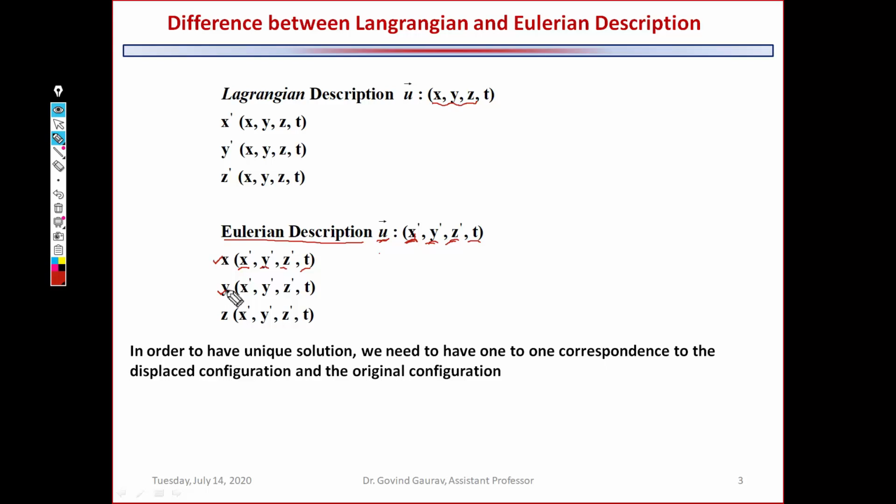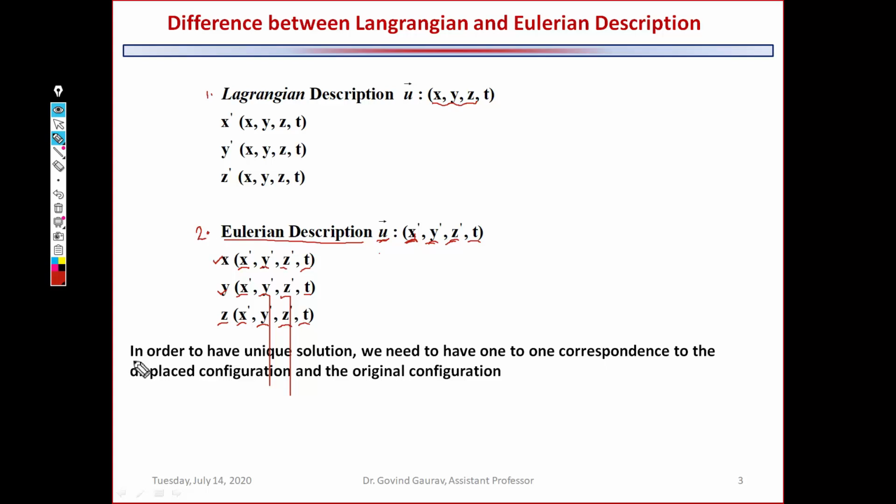The y coordinate will be represented as x dash, y dash, z dash and t, and z will be represented in the form of x dash, y dash, z dash and t. So it is in terms of the deformed configuration. So the first definition is in terms of the Lagrangian description and the second one is in the form of the Eulerian description.